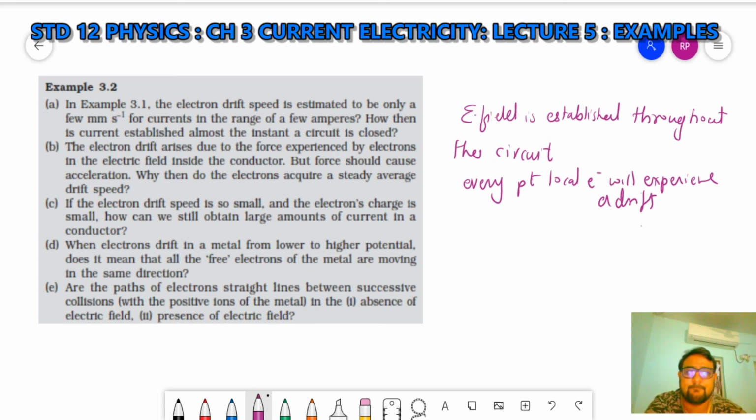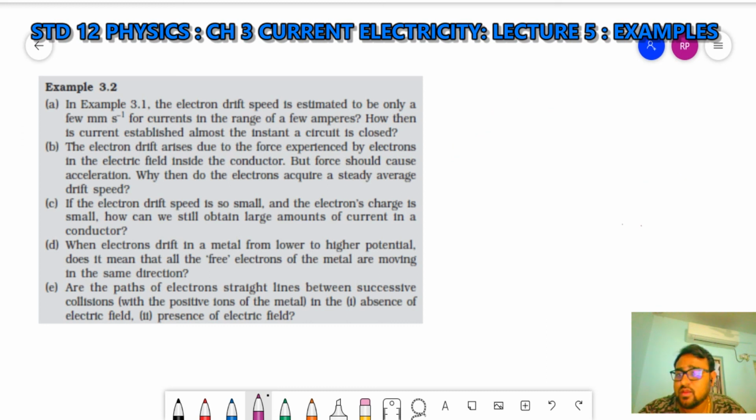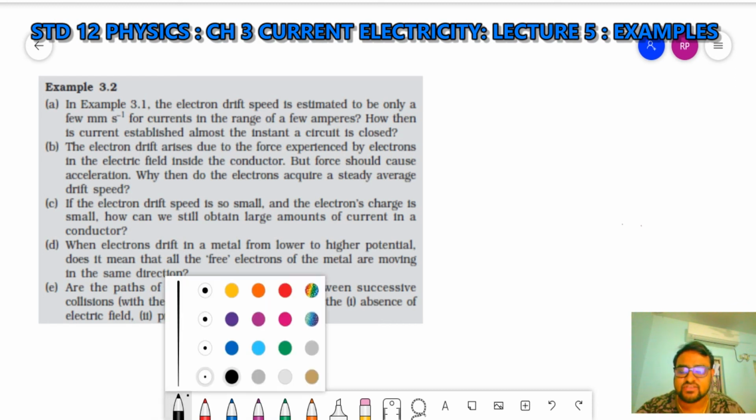Now the second, B. The electron drift arises due to the force experienced by electrons in the electric field inside the conductor. But force should cause acceleration. Why then do electrons acquire a steady average drift speed? Now see, yes, it's true that each free electron accelerates due to the presence of the electric field.